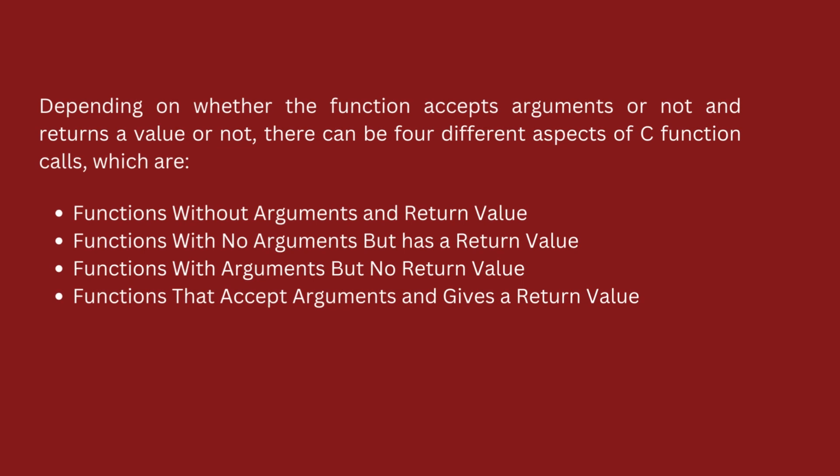There are four main aspects of calling a function. As per our function need, as per our program need, we will create a function with four different aspects: function with an argument and return value, function with no argument and no return value, function with an argument but no return value, and function that accepts an argument as well as gives a return value.